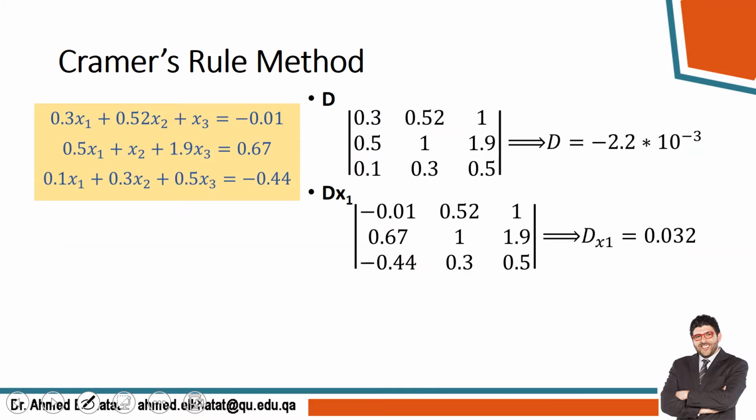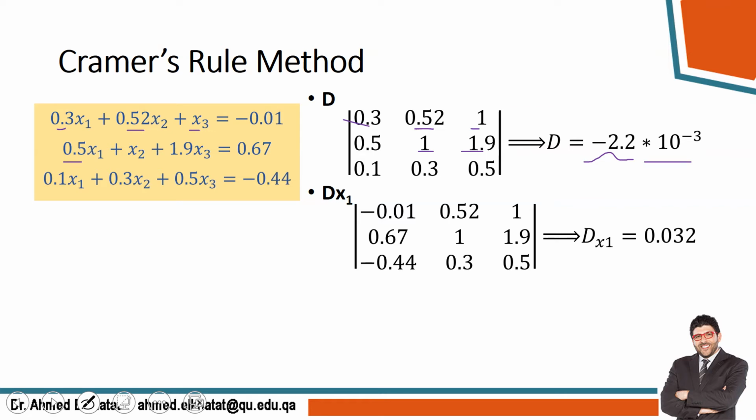So let's check it now. This is my D, so it will be 0.3, 0.521, 1.9, and by using the previous two methods, we found that D will be minus 2.2 times 10 to the power minus 3.